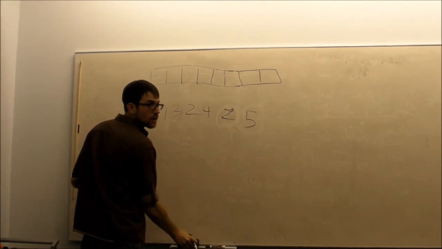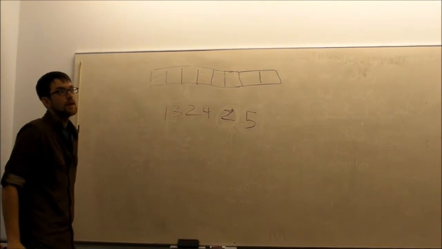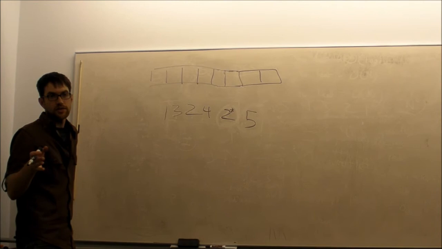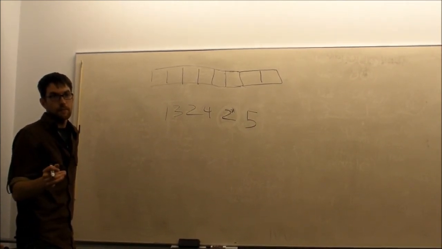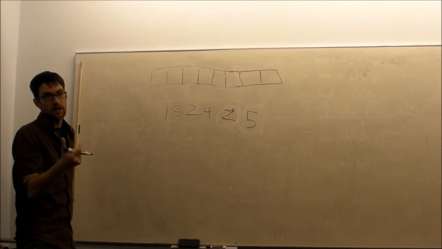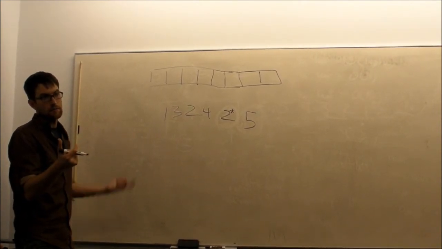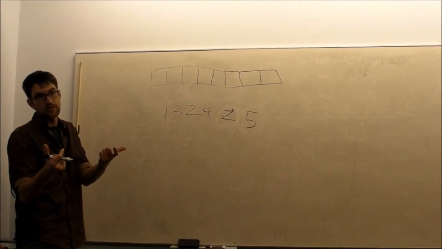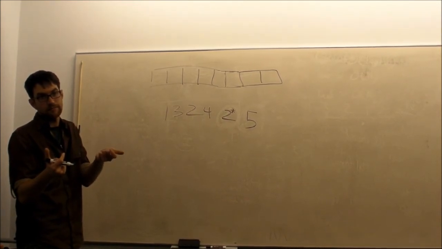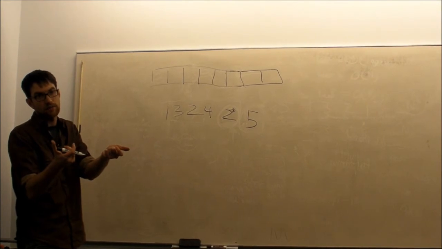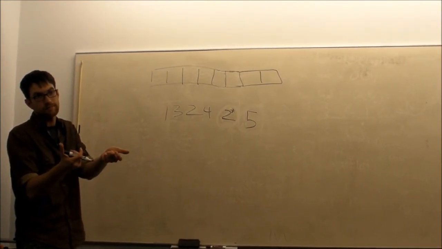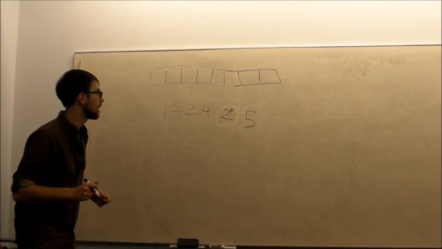So you're checking all the positions log n times, because every time you're splitting it in two, and that splitting in two gives you the log n component. But the fact that you had to check every position when you did it gives you the n component. So it's n for checking every position, and you have to do that log n times, so it's n log n.